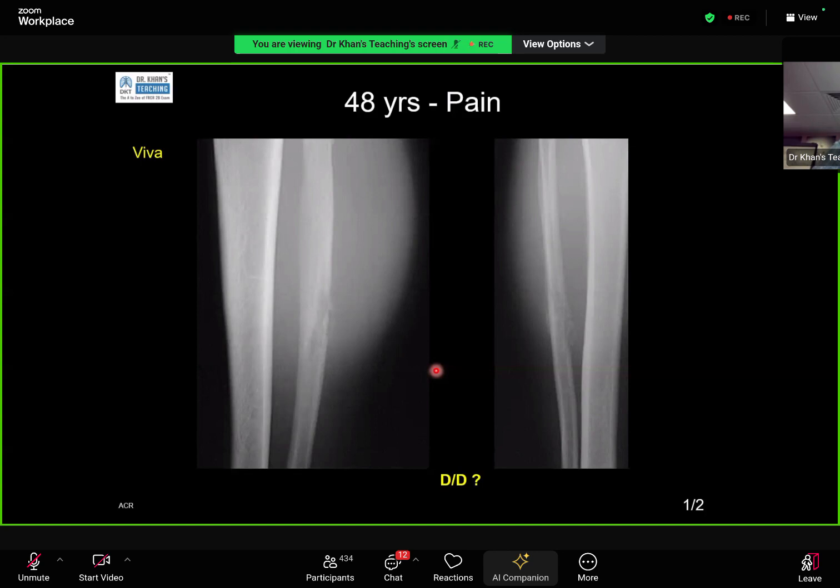Other than that, I can see a small lytic area in the proximal shaft of the fibula as well, possibly cortical tunneling. Not sure.